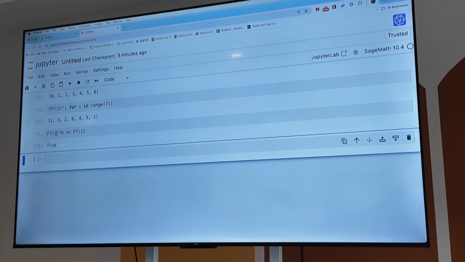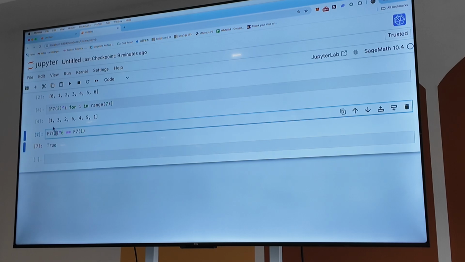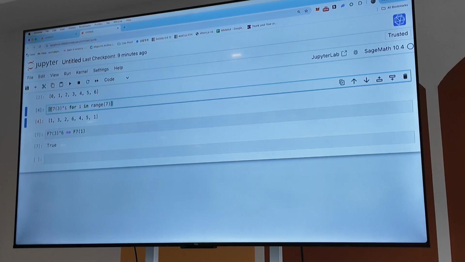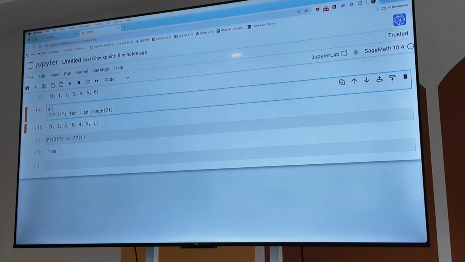That's the reason why 3 is primitive. It's a primitive element.